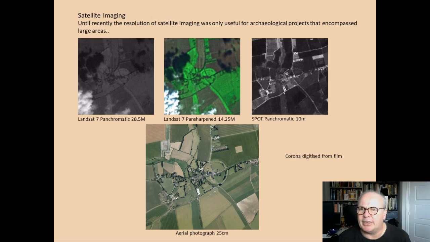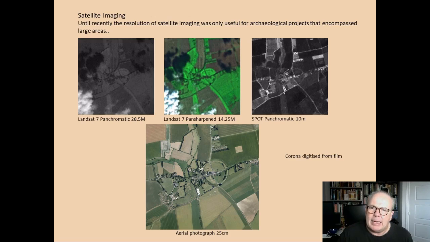The site you can see in the middle, this is the huge earthwork around Avebury, and you can see that at 28.5 meters per pixel, the level of detail is not particularly good. It will be okay for showing some survey work on a large scale around the site, but picking out individual details is much more difficult.